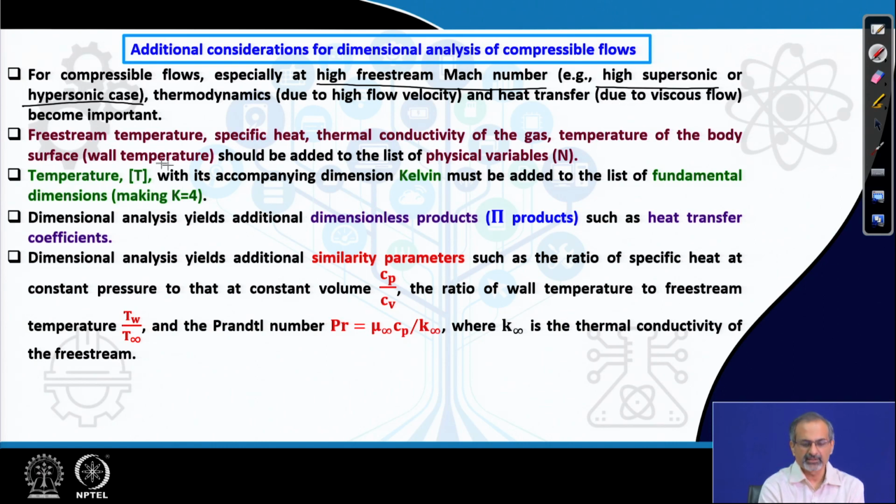So, as a consequence, free stream temperature, that is T infinity, specific heat Cp, Cv, thermal conductivity of the gas, temperature of the body surface, that is the wall temperature, these become additional physical variables. So, they add on to the list of n.